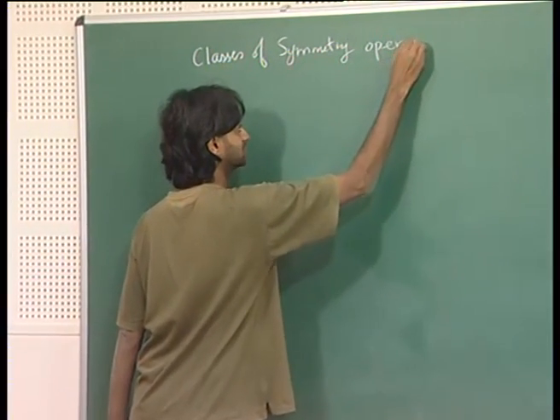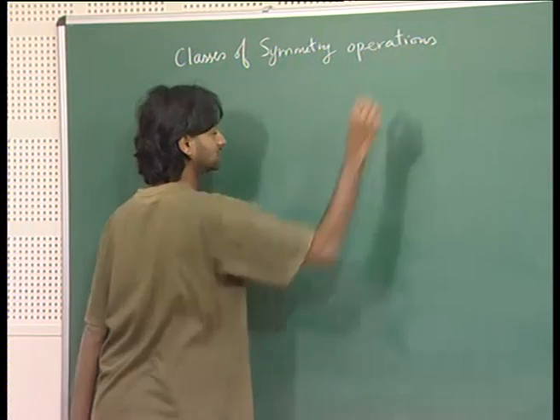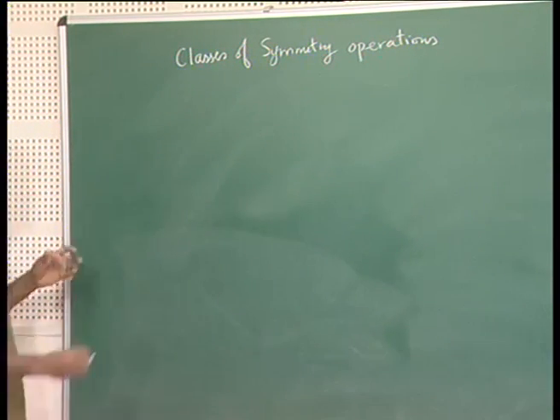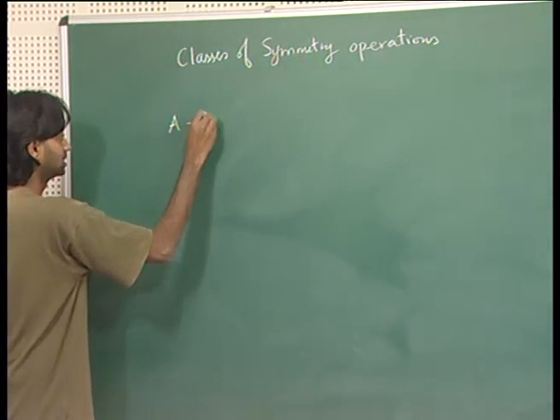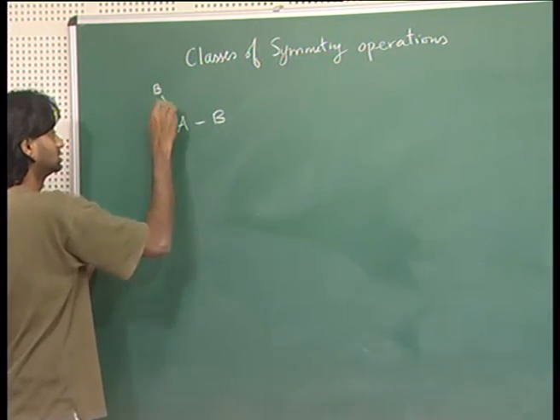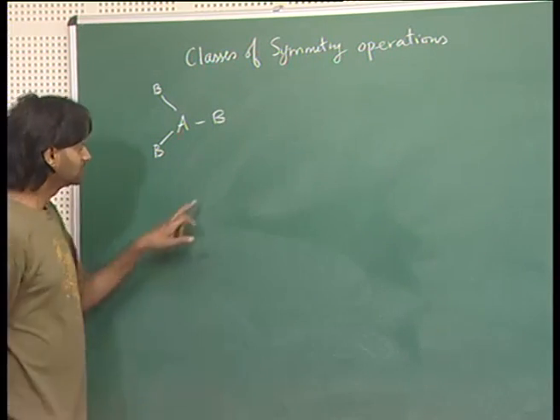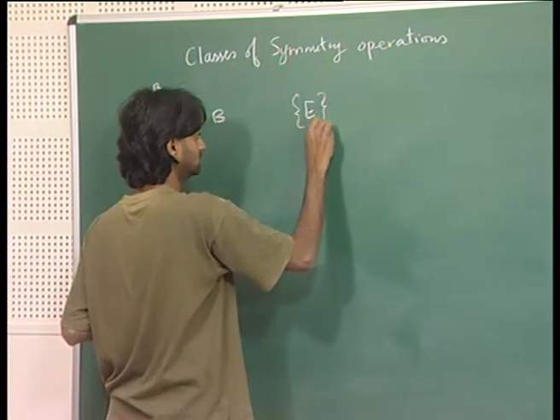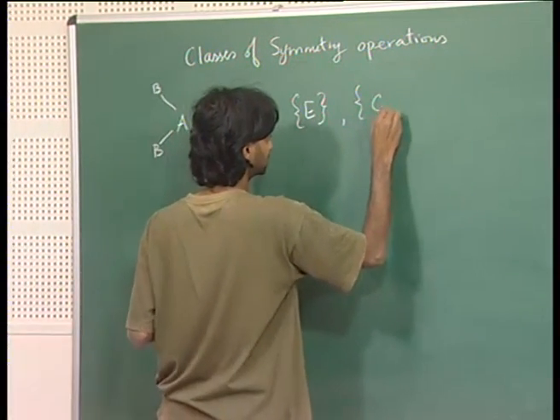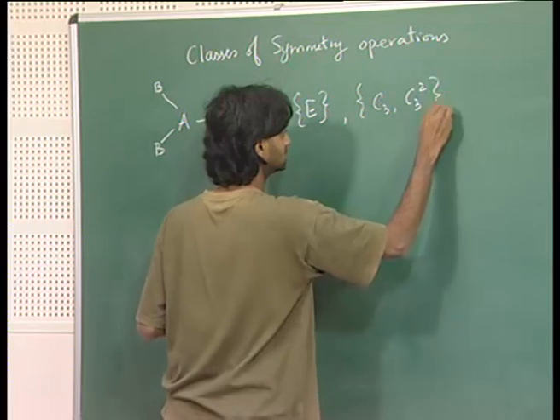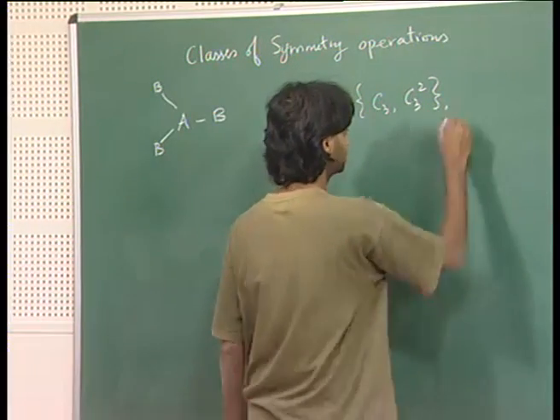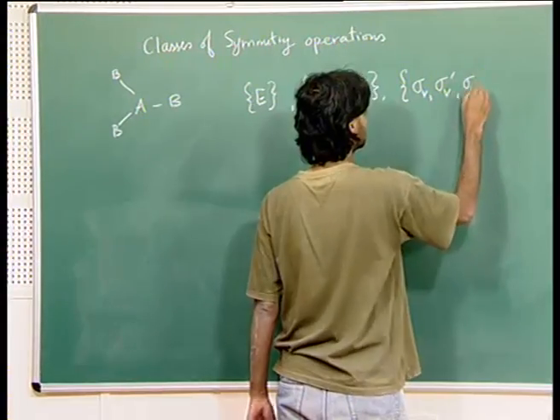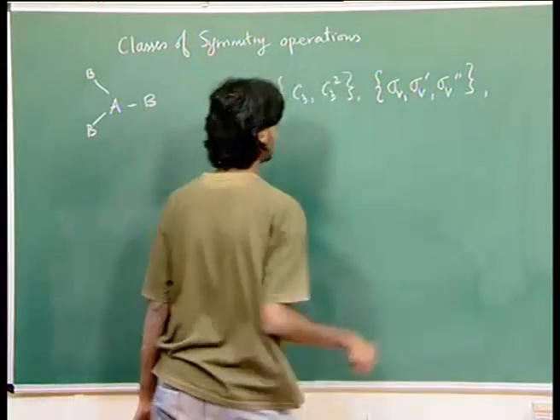We noticed that when we looked at the AB3 molecule, E formed a class, then C3 and C3 square formed a class, then sigma V, sigma V prime, sigma V double prime, these 3 formed a class.